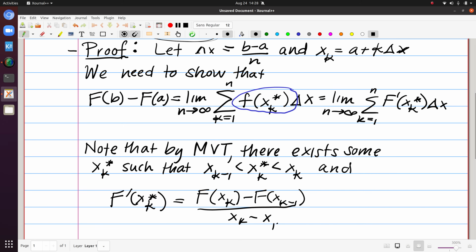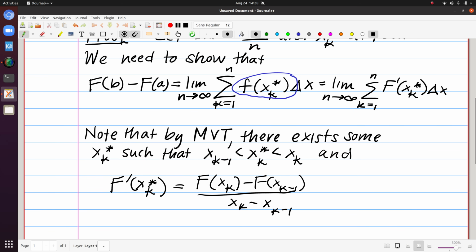So to pause here, the only thing we needed to assume in order to apply the mean value theorem is that the function at hand is differentiable. So we can assume that about capital F because we're defining it as an antiderivative. And notice that xk star here represents what we called C in our mean value theorem.